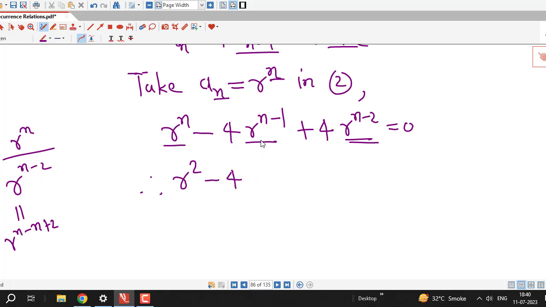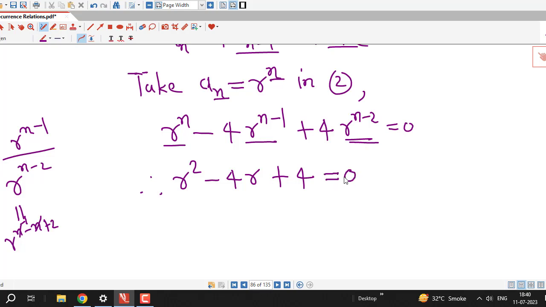Similarly, here I have r raised to n minus 1, and that I will divide by r raised to n minus 2, so I have n minus 1 minus n plus 2. n will cancel out and I am left with r. And here r raised to n minus 2 is divided by r raised to n minus 2, so we have 4.